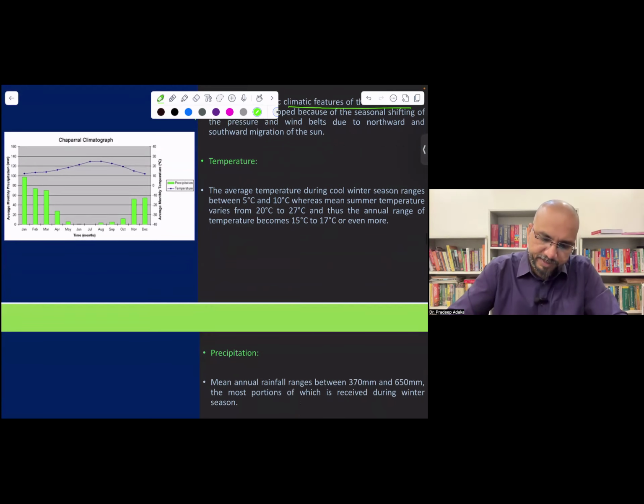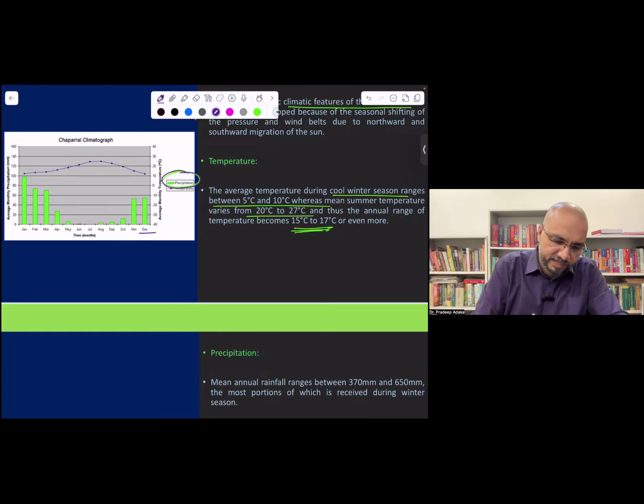Now, if you see temperatures, average temperature during the cool winter season ranges from 5 degrees Celsius to 10 degrees Celsius, whereas mean summer temperature can range from 20 to 27. Annual average temperature is between 15 to 17. If you see precipitation in the winter months, November, December, January, February, March, there you have high precipitation.